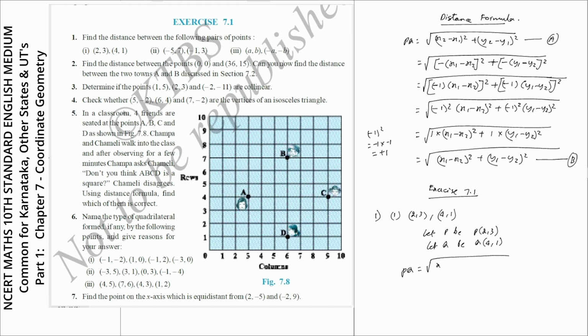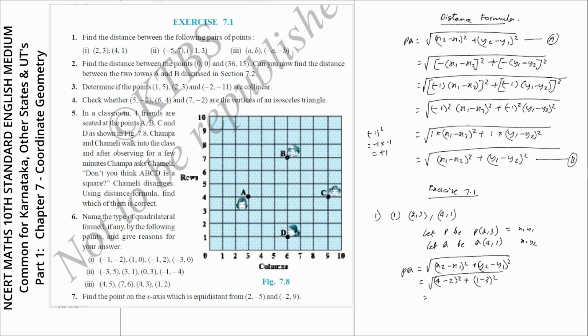It is given by the square root of (x2 minus x1) the whole square plus (y2 minus y1) the whole square. Now for P I'll take x1, y1 and for Q I'll take x2, y2. So x2 is 4 minus 2 the whole square plus 1 minus 3 the whole square.